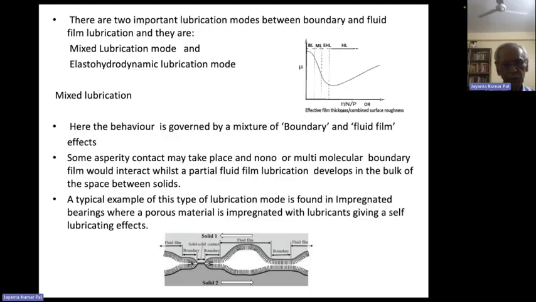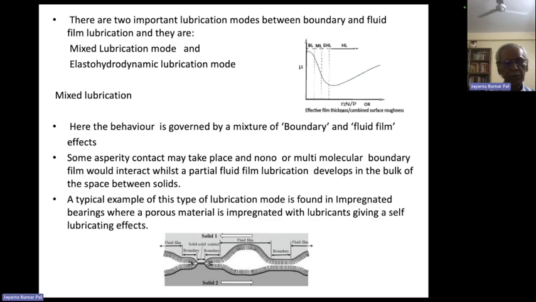The picture below shows some part is in the boundary form, like this one, and some part is in the hydrodynamic mode. So the analysis must be based on the combination of boundary and hydrodynamic mode.